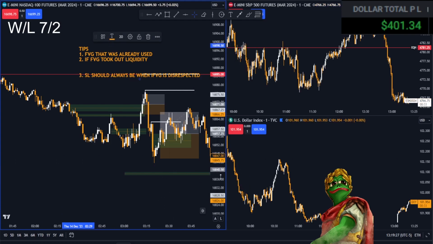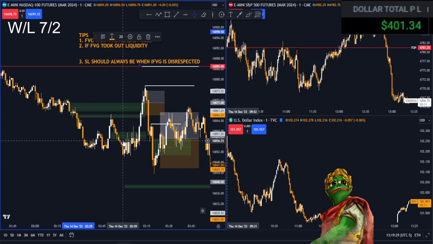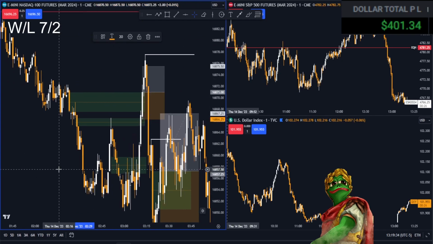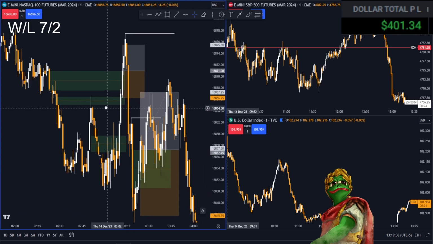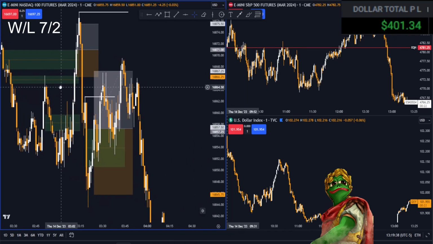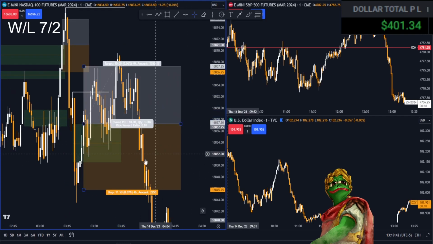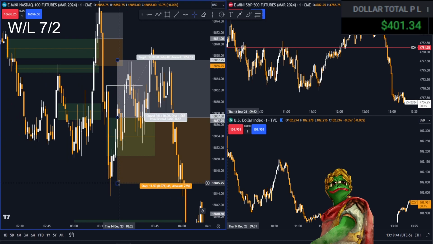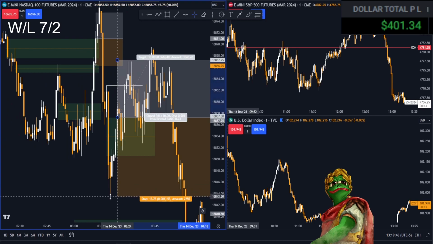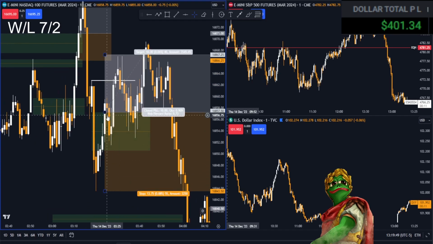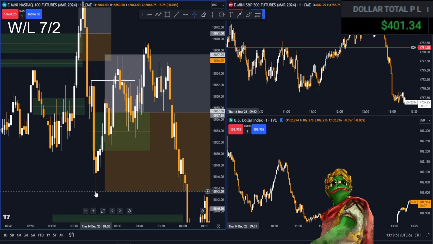So for example, let me look for one. Just like right here, move your stop loss at a swing high or low. So when you enter here on this fair value gap or inversion, your stop loss should be first here, but it doesn't mean that you will hold it there forever.